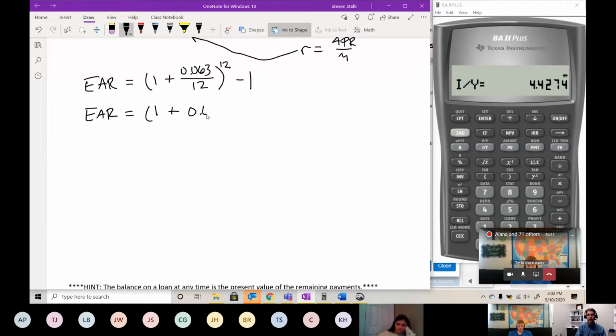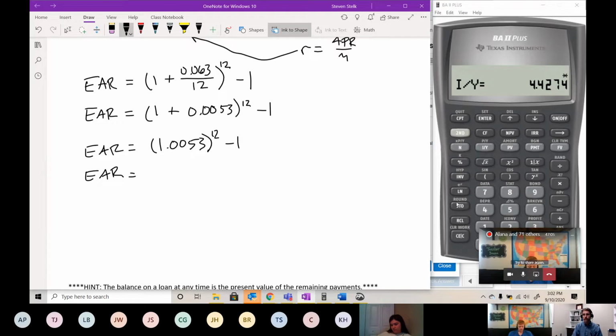We know that that's 0.0053, raised to the 12, minus 1. So EAR equals 1.0053 raised to the 12 minus 1.